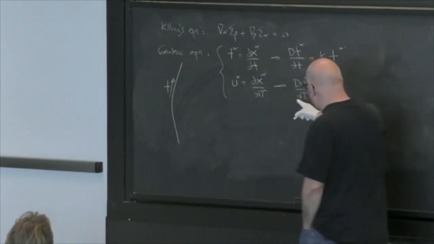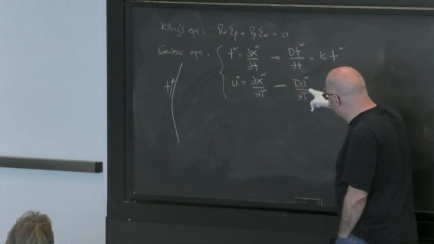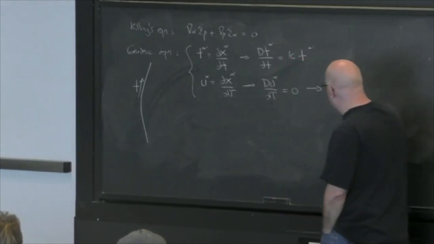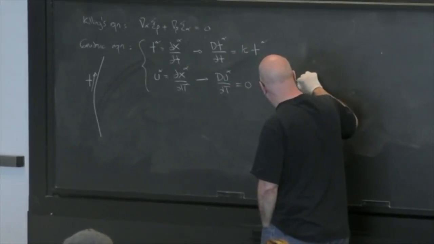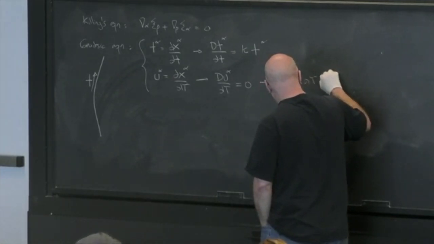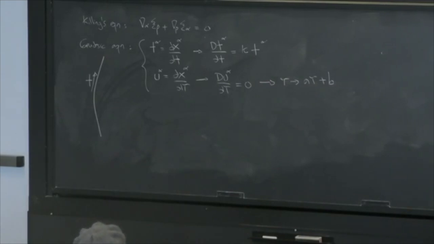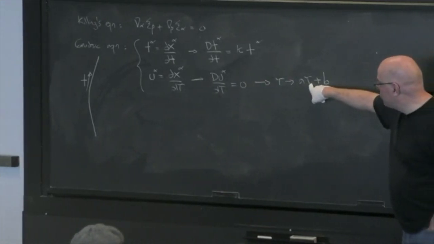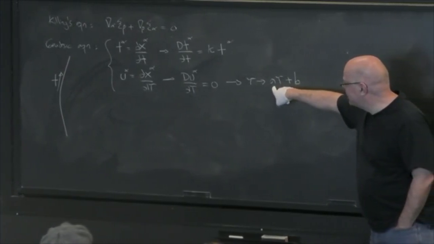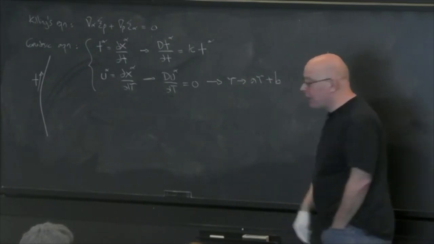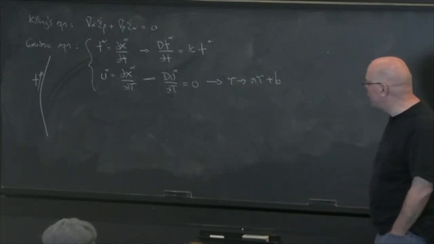Now, we don't have to restrict ourselves to proper time parameterization, because if I were just to rescale proper time by a constant, that equation would not change. If I rescale the proper time parameterization, that equation is still satisfied. If I change it by a constant, obviously that doesn't change anything.